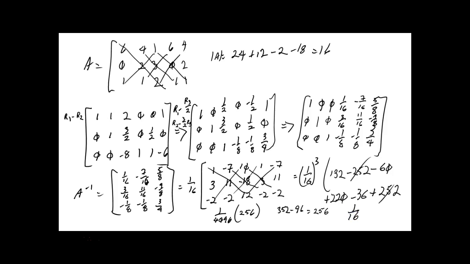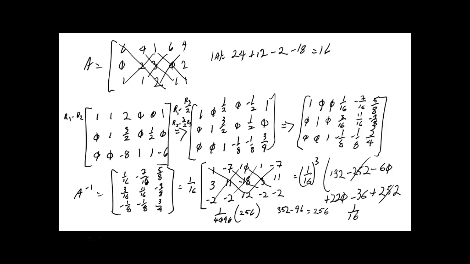So what does it appear to be? The determinant of a matrix is 1 over the determinant of its inverse. In other words, matrix A has an inverse matrix, A inverse. The determinant of A is 16.